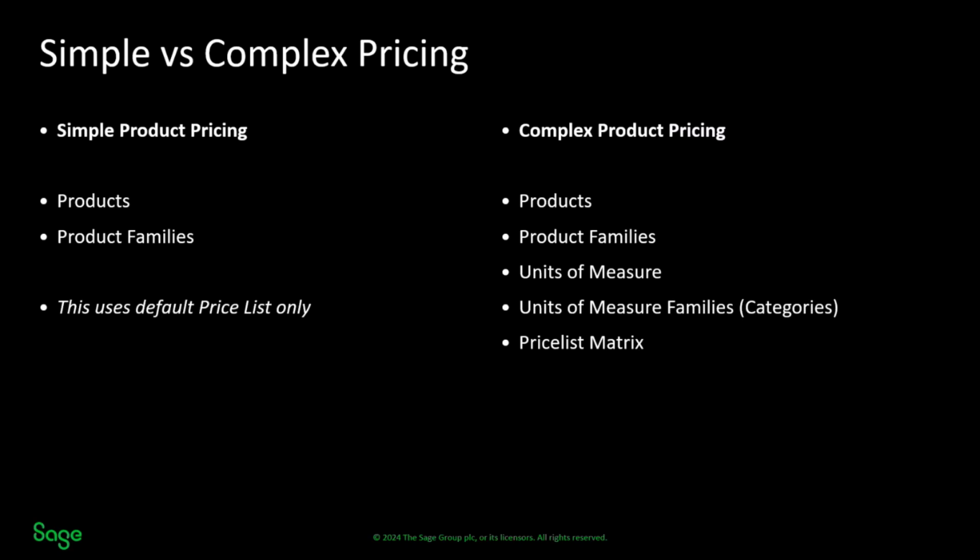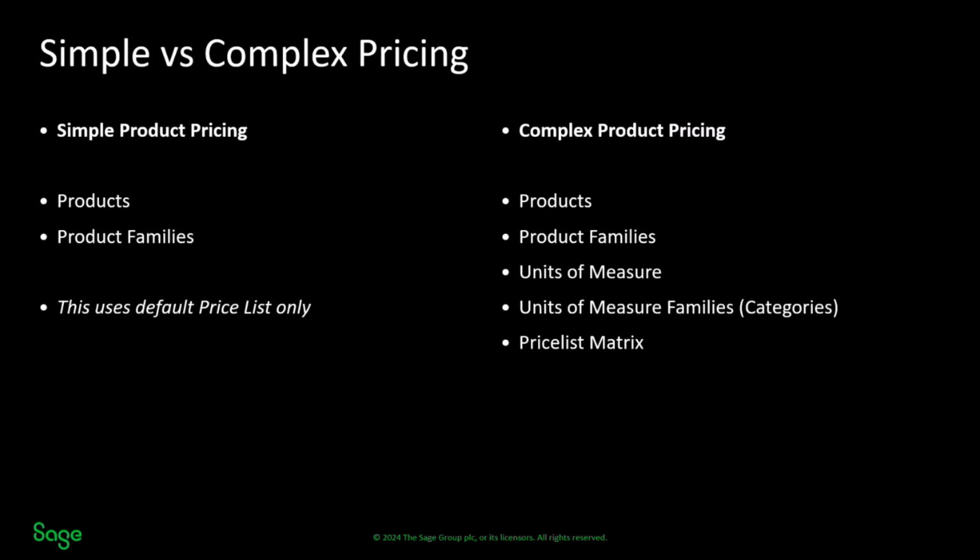Inside complex product pricing, which I'm going to show you now, we're going to be using all of the features of grouping products within a product family using the concept of a unit of measure and a unit of measure category or family to create a price list matrix.